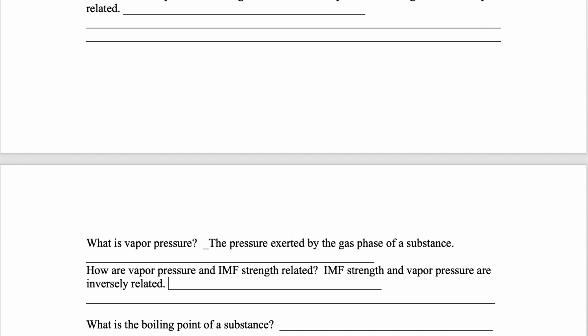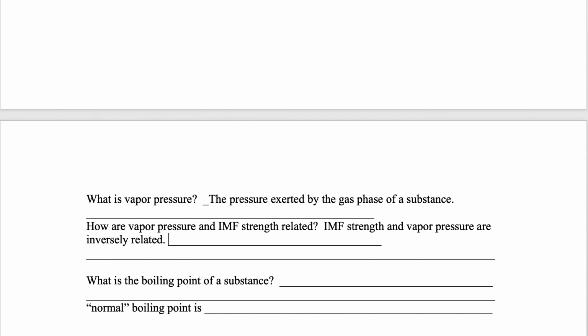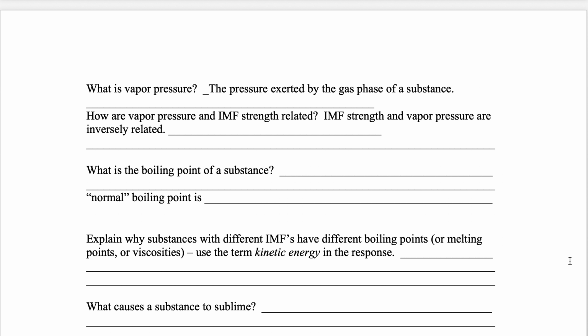And to turn a substance into a gas requires the breaking of IMFs, and strong IMFs are hard to break.